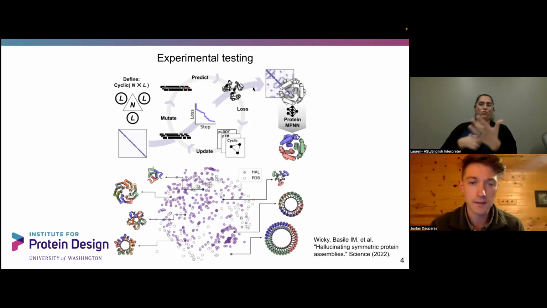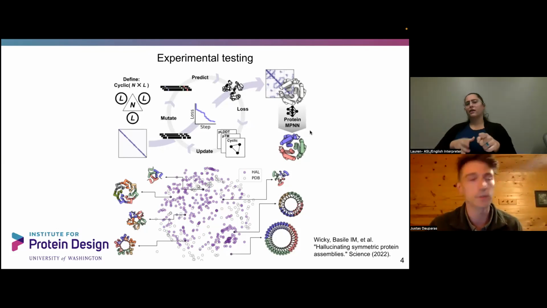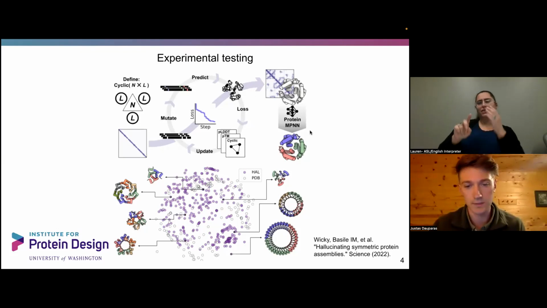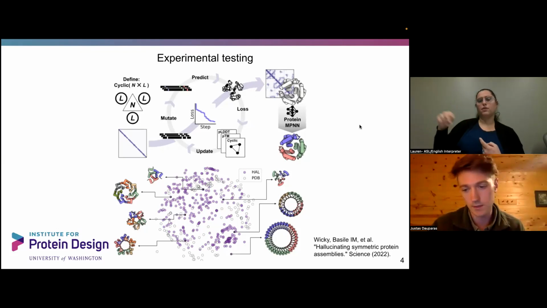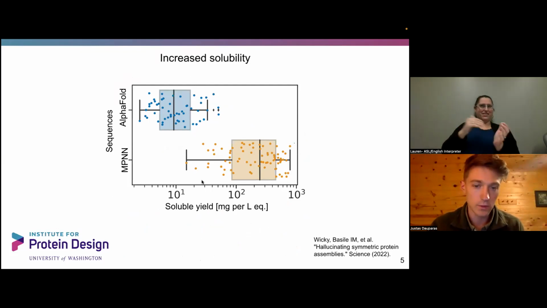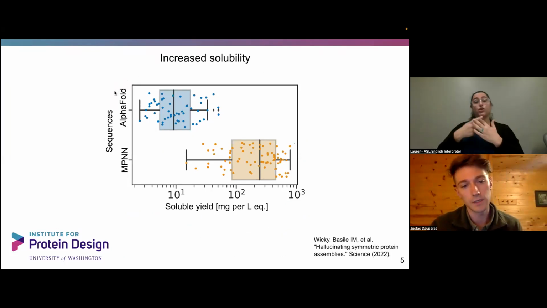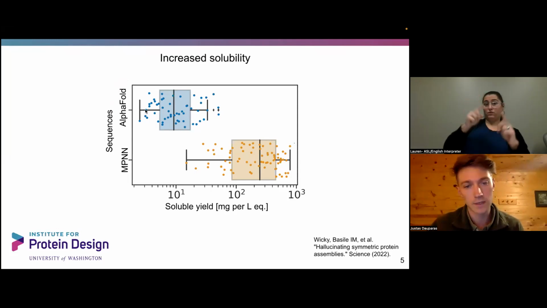At the end, I will show that these designs needed to be redesigned with ProteinMPNN, a model that maps structure to sequence, because the original designs did not work. If we look at the solubility, the soluble yield from different designs, the original Markov chain Monte Carlo hallucination for these homo-oligomers gave these results.